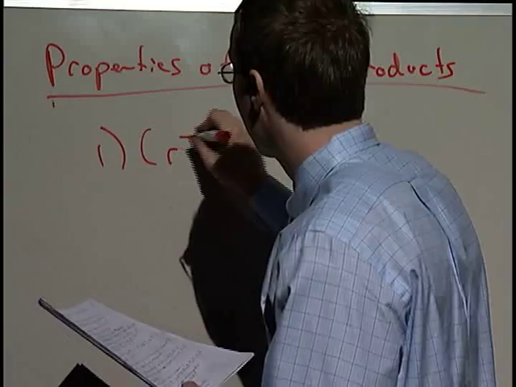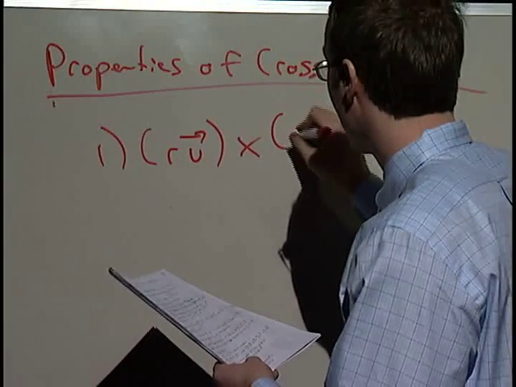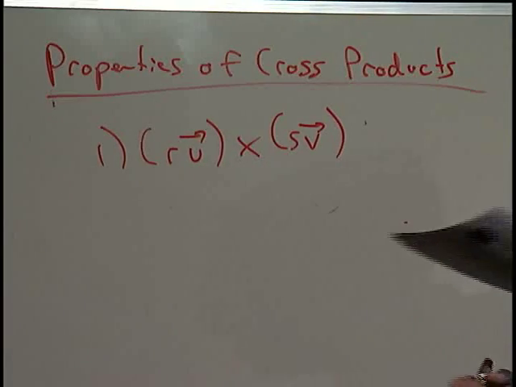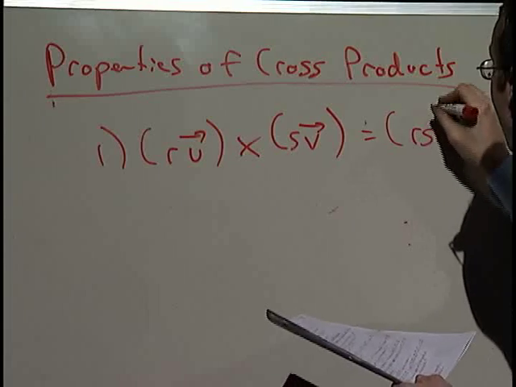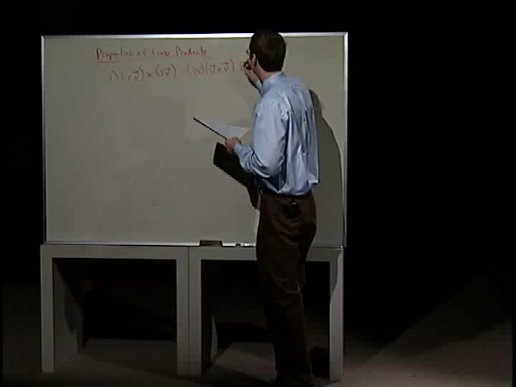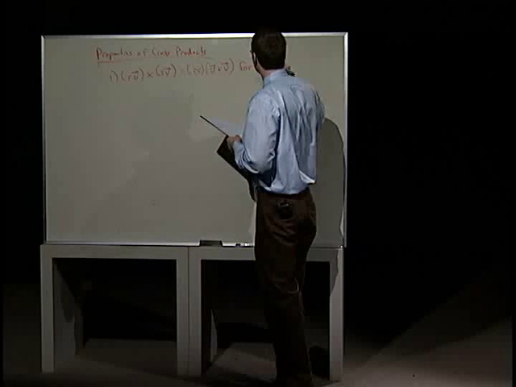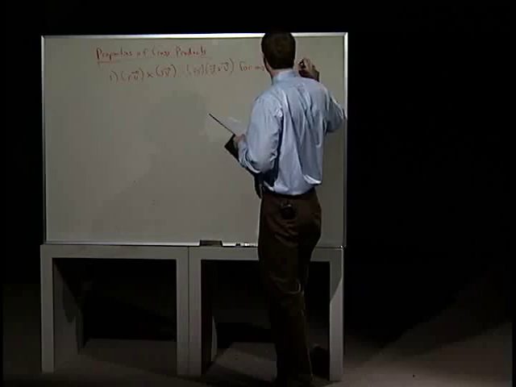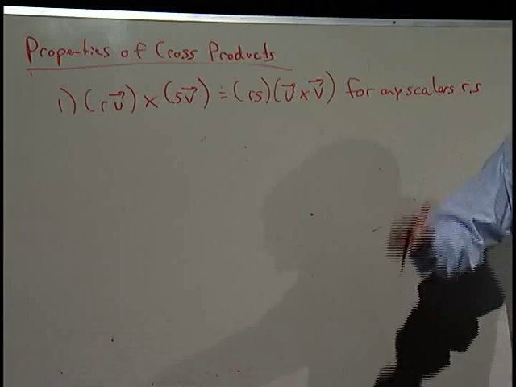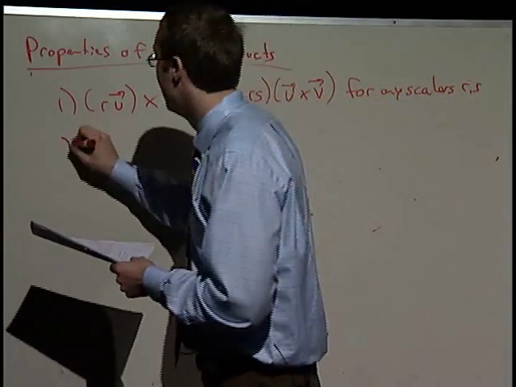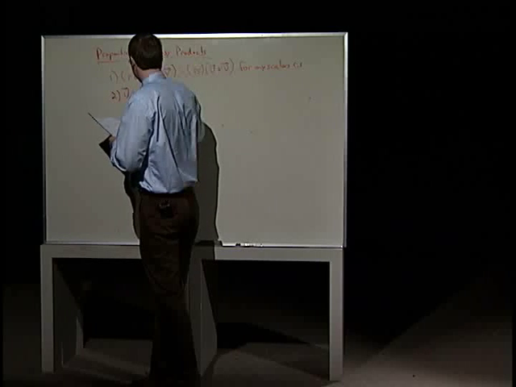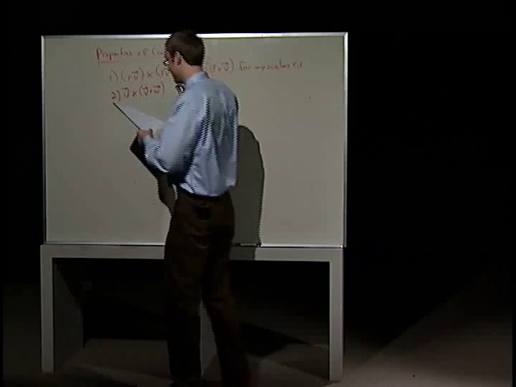If you have some scalars r and s multiplying vectors u and v, things behave nicely here. The scalars just distribute, for any scalars r and s. So scalar multiplication stays the same, no problems there. And cross products are distributive over plus.